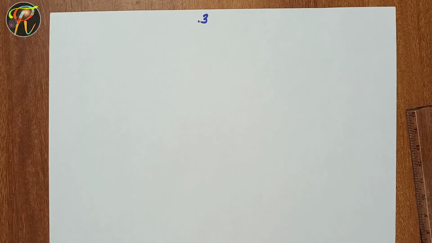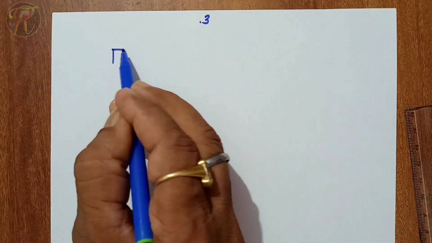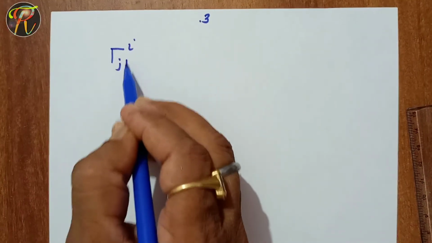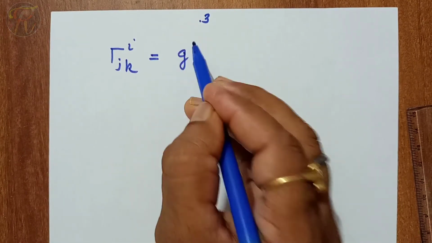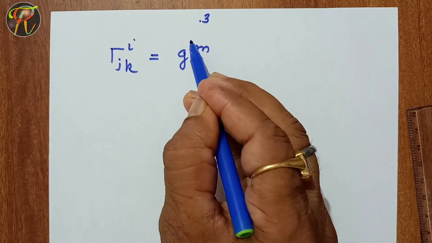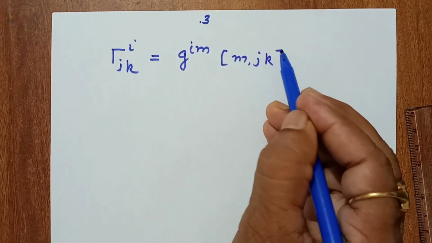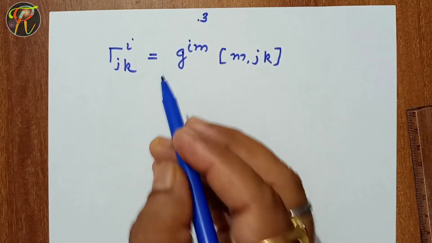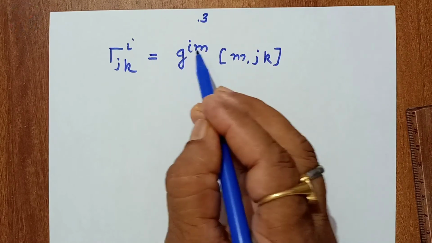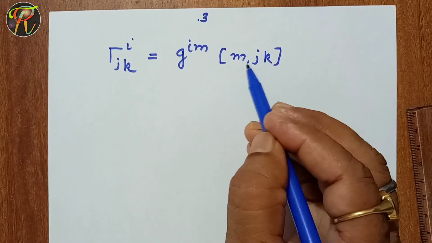Similarly, the definition of Christoffel symbols of the second kind is {i jk} equal to g^im [jk,m]. For the Christoffel symbol of the second kind, g^im is the metric tensor and [jk,m] is the Christoffel symbol of the first kind.